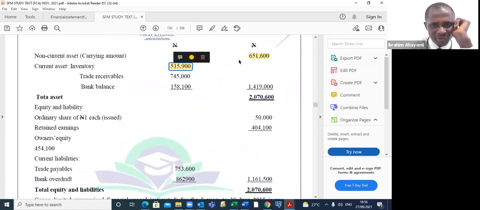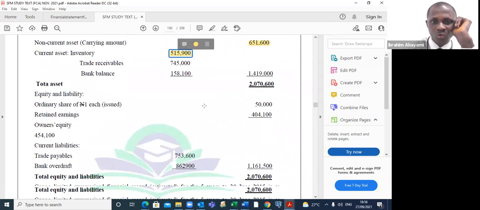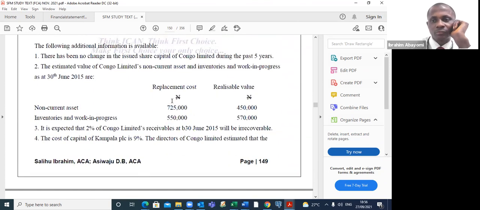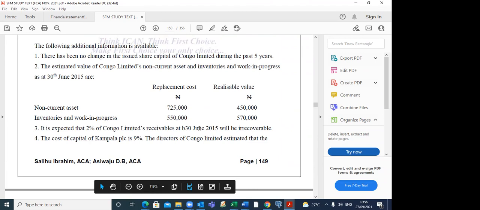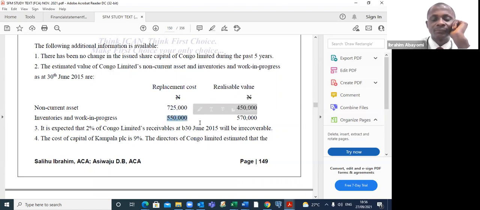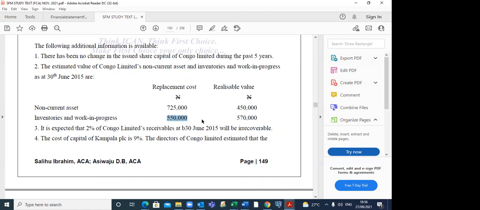Because this one has replacement cost, we did not use it. This one has replacement cost too. Instead, we now use the replacement cost, and the replacement cost is the 725. Let's look at it: replacement cost, non-current assets, inventory and work in progress. Do you understand?